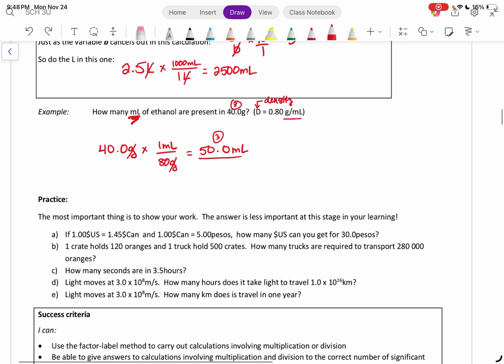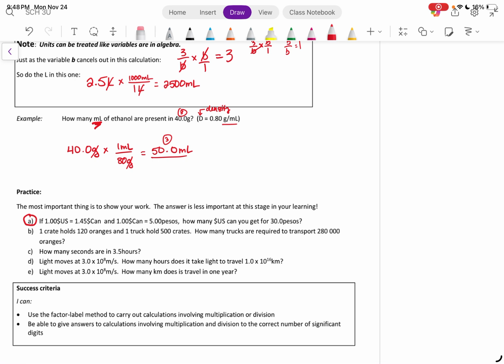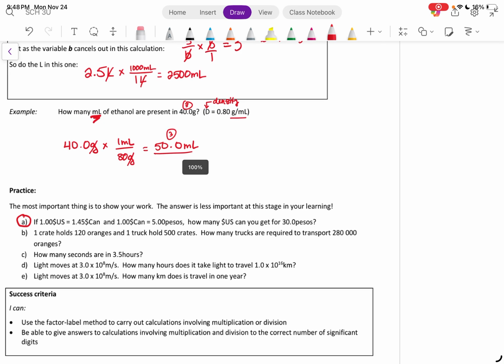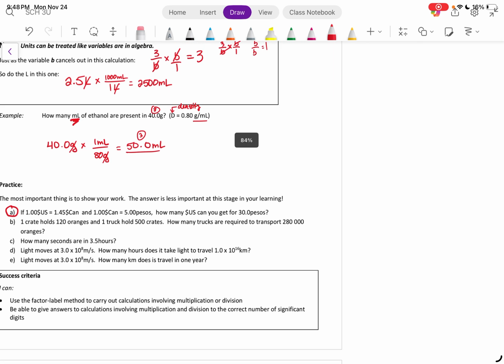So I'm going to take you through A. I'm going to do A over here, a little bit more of a complicated example. And then I want you to pause this video and maybe take about 10 minutes to attempt the other 4 questions. And then see how you do with those. So for A, I'm going to do it off to the side here.